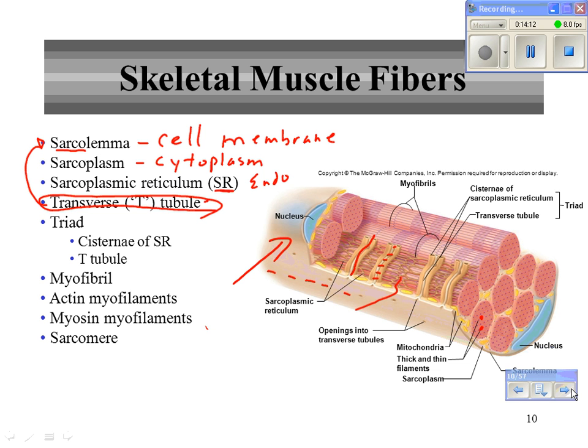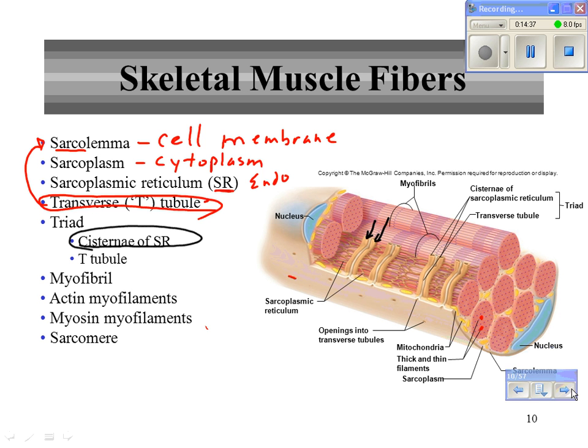So the transverse tubules are tubes that are really made up of our sarcolemma. Next to those transverse tubules, we have these big holding tanks, if you will, that are connected to or part of our sarcoplasmic reticulum. They look like bigger tubes. There's one tube there and one tube there, and they're called cisternae.